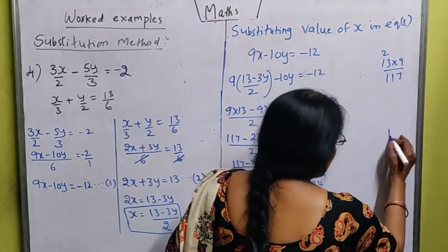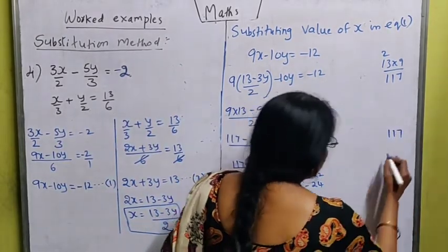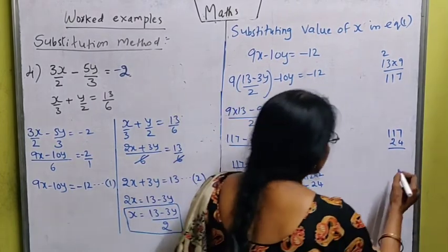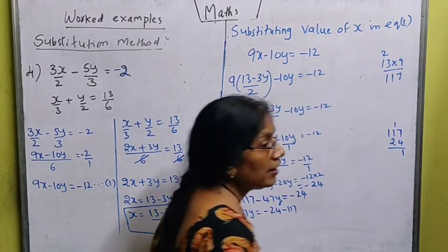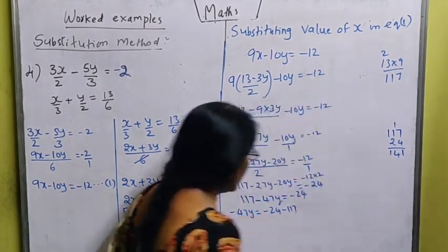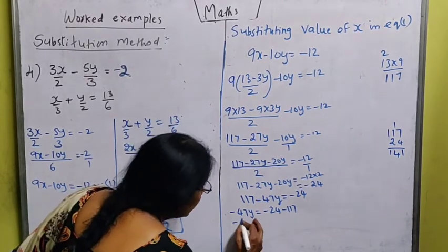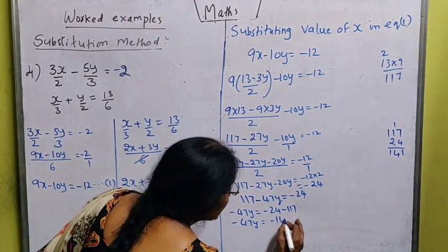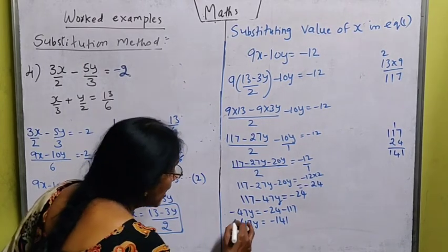So let us see, 117 and 24. 7 plus 4 is 11, carry 1. 2 plus 1 is 3. 3 plus 1 is 4, and here 1. So you got minus 47y is equal to minus 141.